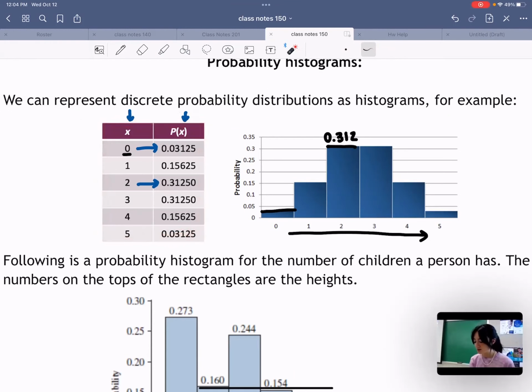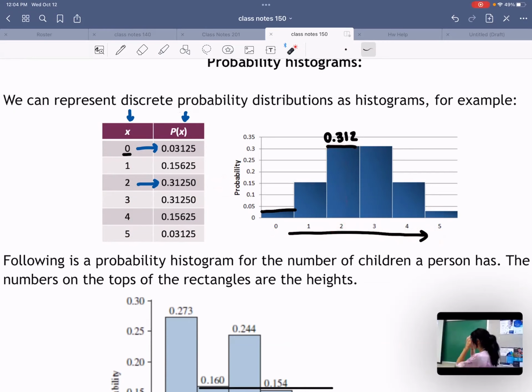We have all the possible events under X, and P of X was the probability of 0, 1, 2, 3, 4, and so on. We can turn this into a histogram by putting all of the possible events on the X-axis, and the heights of the bars represent the probability of each outcome. So for example, the probability of 2 is the height of this bar, which is 0.312.